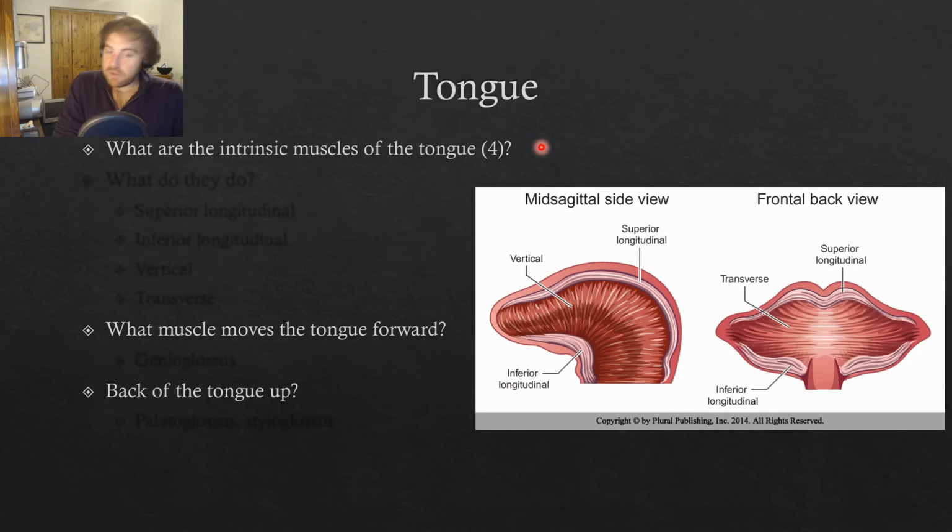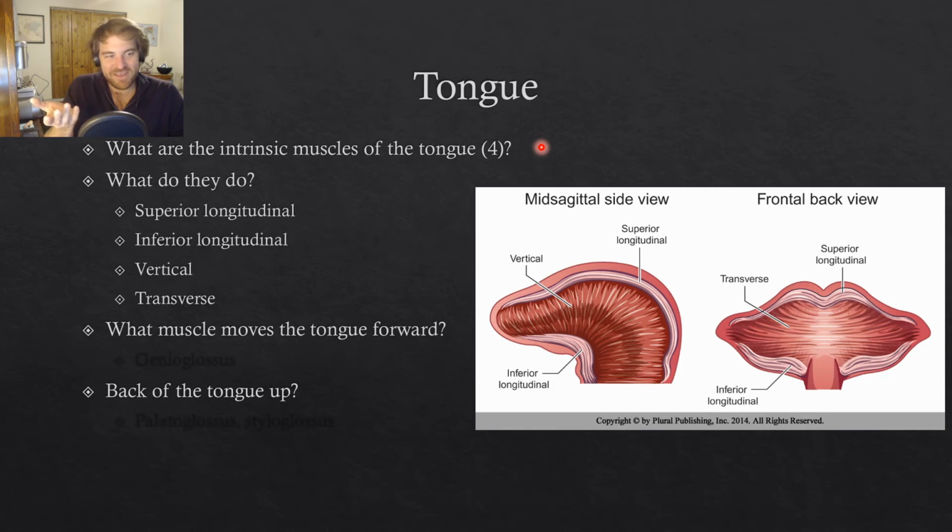Okay, what about the tongue? What are the intrinsic muscles of the tongue? There are 4, and unfortunately, they're all on screen now because I didn't get rid of them. They're the superior longitudinal, the inferior longitudinal, the vertical muscle, and the transverse muscle. But what do they do?